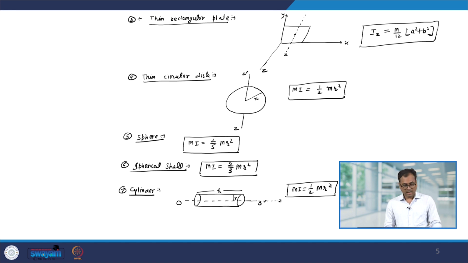And if you calculate the moment of inertia about the x or y axis, it will be the same for both. I x equal to I y equals m divided by 12 times 3 r square plus h square. Small r or capital R, they are the same here.